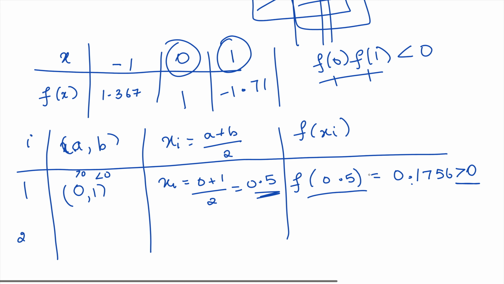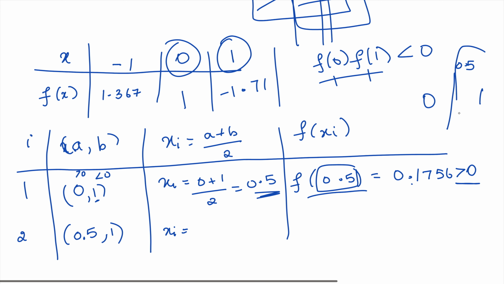So 0.5 is giving us greater than 0, so we take what was giving us less than 0 in the previous interval, which is 1. So the next interval would be 0.5 comma 1. Now we have shrunk the interval. Previously we knew that our root is between 0 and 1. Now the root would be between 0.5 and 1.